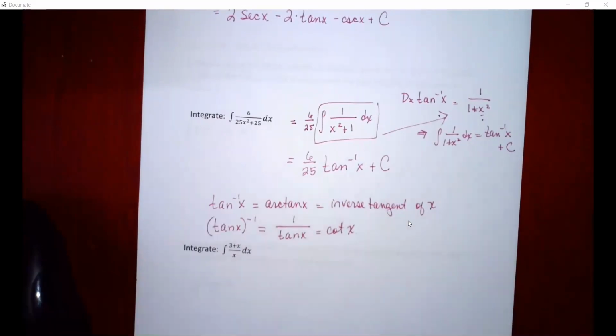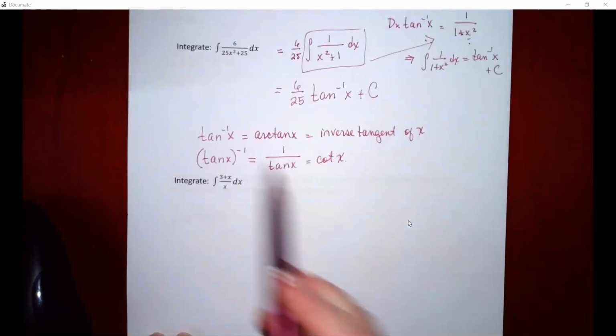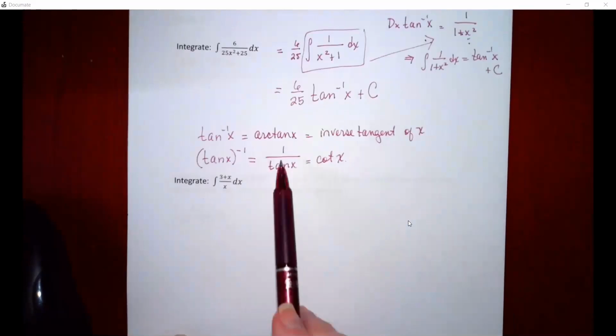Specifically for the -1 in the exponent position, it is not a -1 power for trig functions. It's the inverse function. Okay. All right. And we'll deal with these a whole lot more as we go on. I just wanted to kind of give you a reminder as far as the notation is concerned.